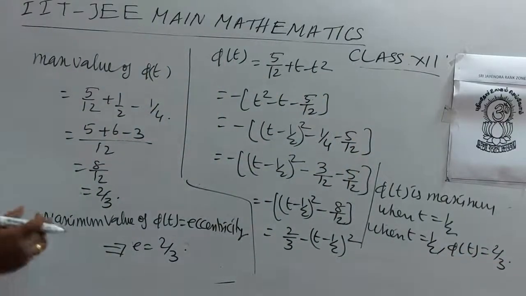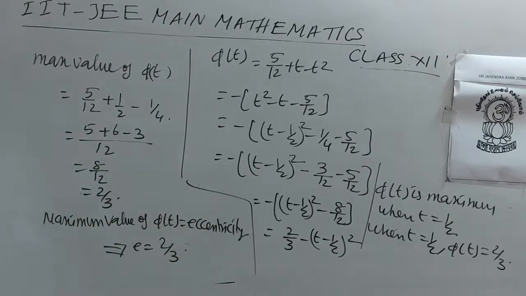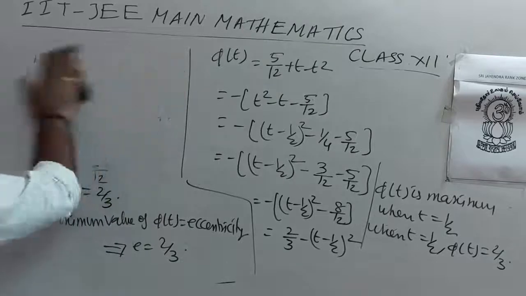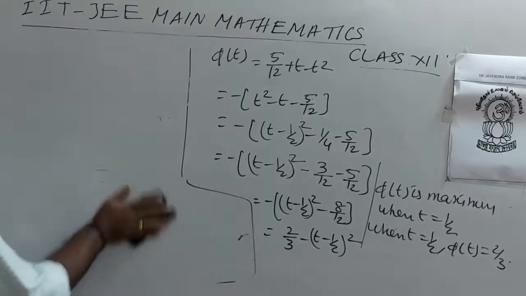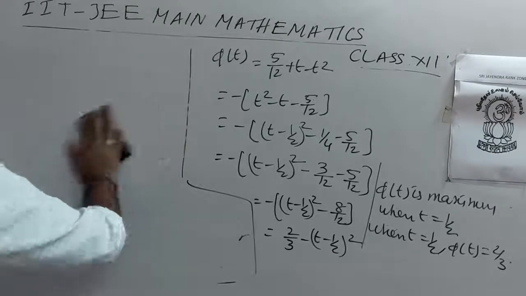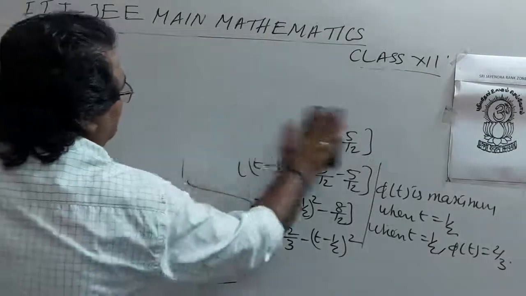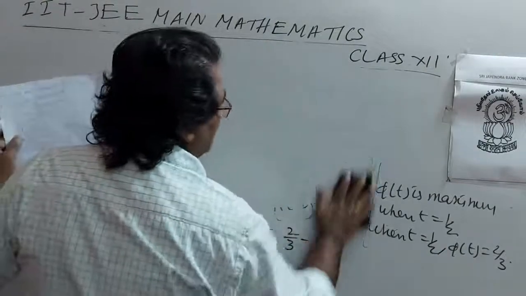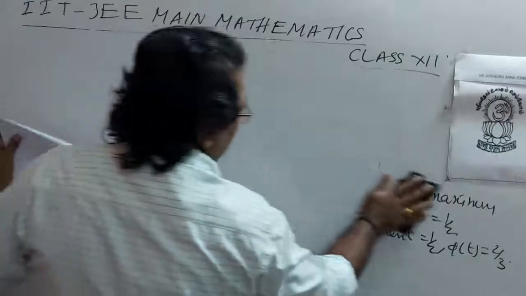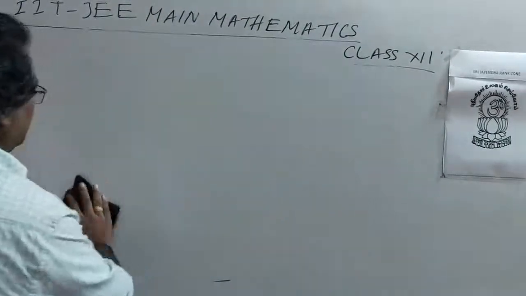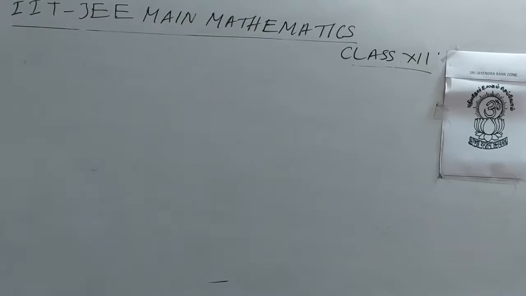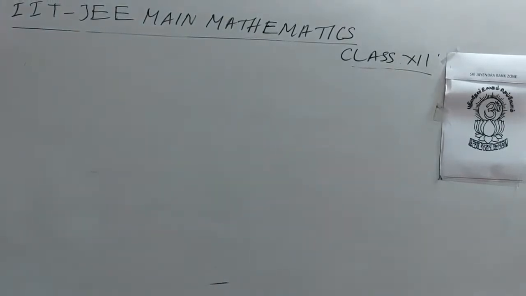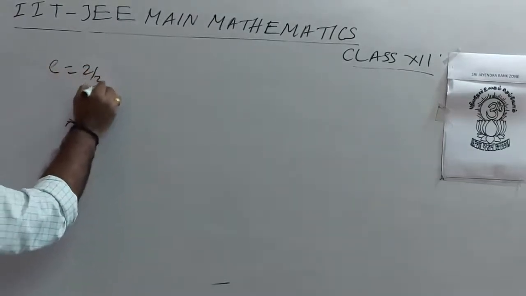So you can apply the calculus method or this method. So we have found e equal to 2 by 3.